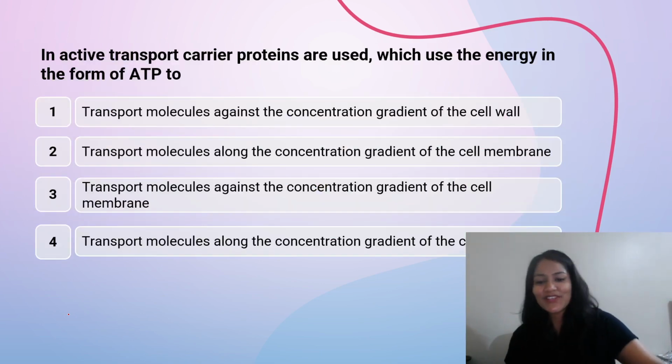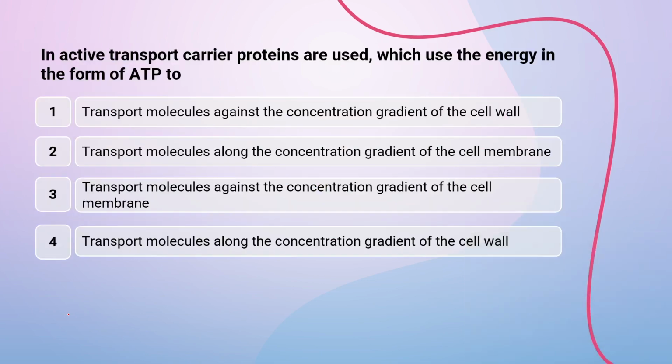And here comes your first question. In active transport, carrier proteins are used, which use the energy in the form of ATP. Read the options carefully, kids. Take your time.